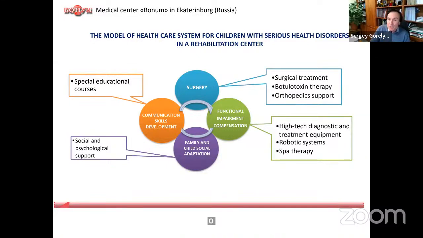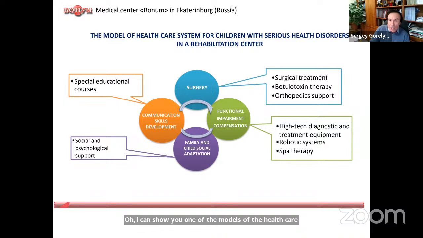I can show you one of the models of healthcare for children in Russia, using the example of one medical center in Yekaterinburg. So this is the center for children with healthcare disorders.